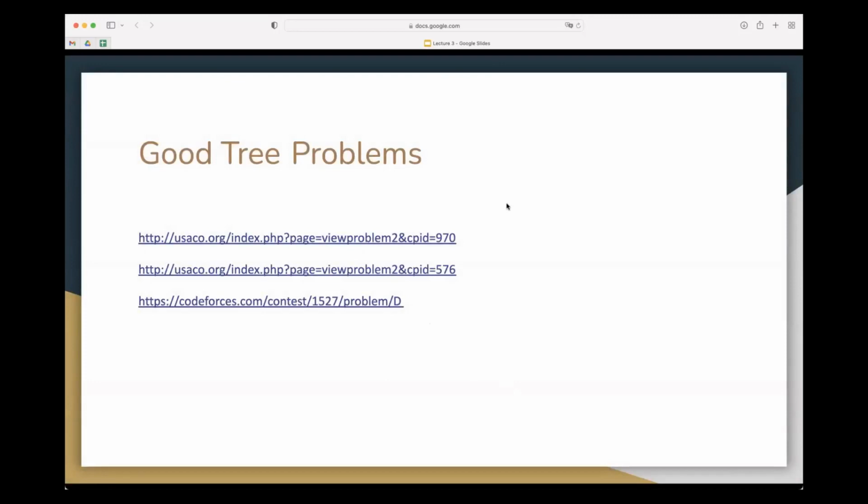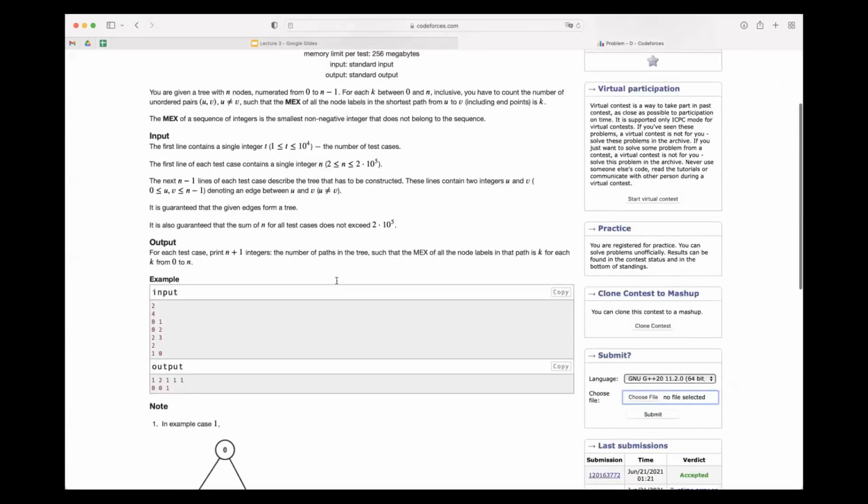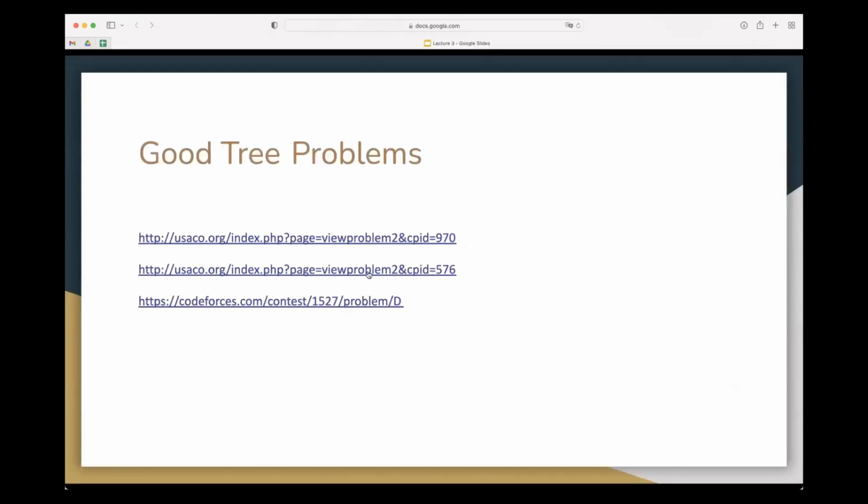I don't have the solutions written, but I'll go over the third problem. So if you look at the third problem, it looks like this. If you're looking at the recording, you can pause, or after you watch this, you can pause and read the problem.